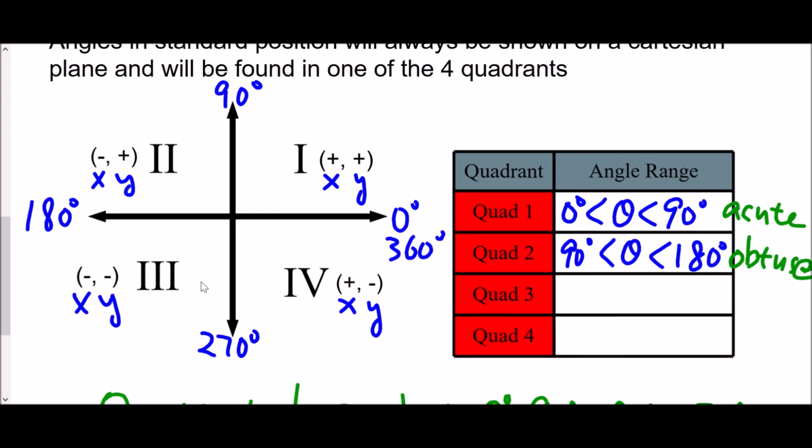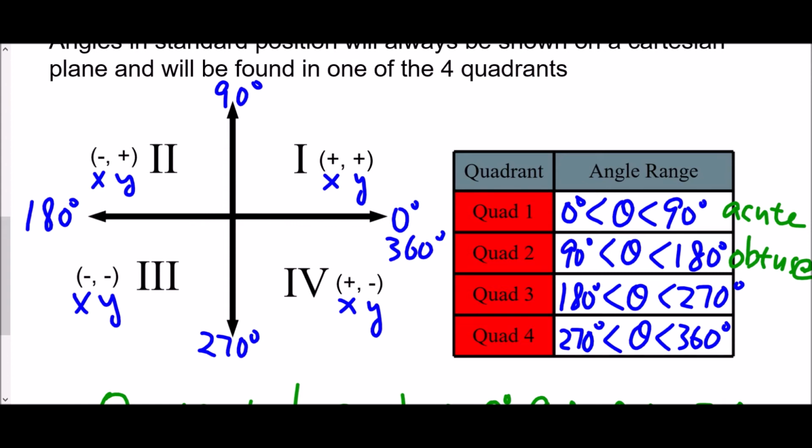Quadrant 3 is somewhere between 180 and 270, so theta is less than 270 degrees but greater than 180 degrees. Quadrant 4 is between 270 and 360 degrees, so theta is less than 360 degrees but greater than 270 degrees.